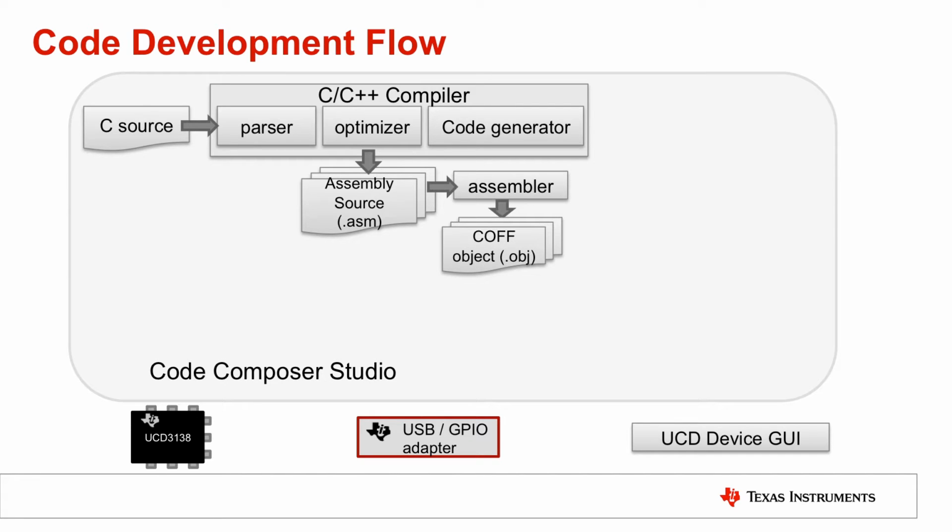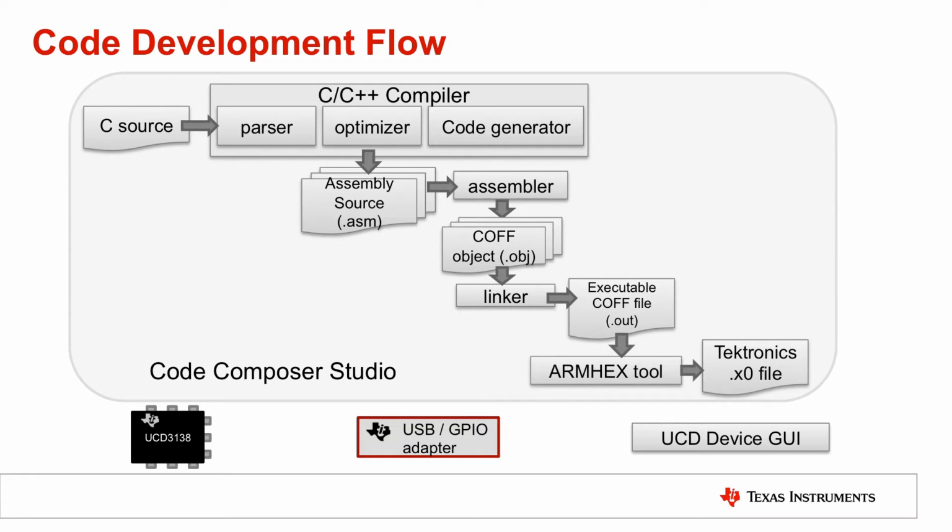These assembly source files are then passed through an assembler to create a set of object files. This set of object files is then passed through a linker to create an executable .out file. This output file is then passed through a tool called ARM-hex to create a .x0 file, which can be read by the UCD Device GUI.